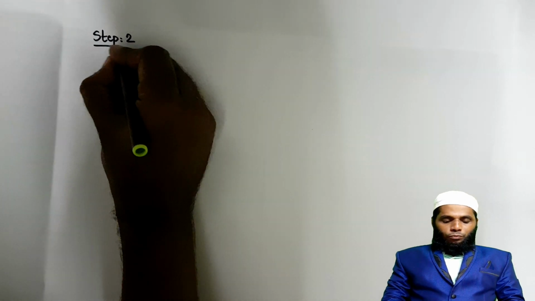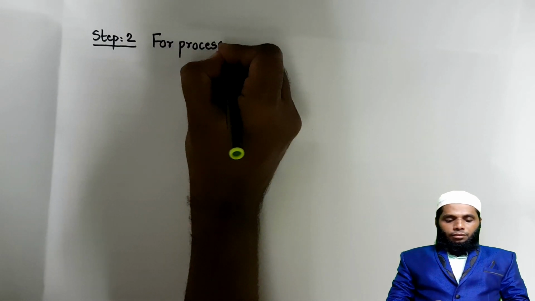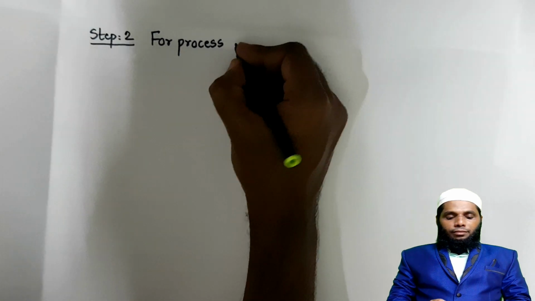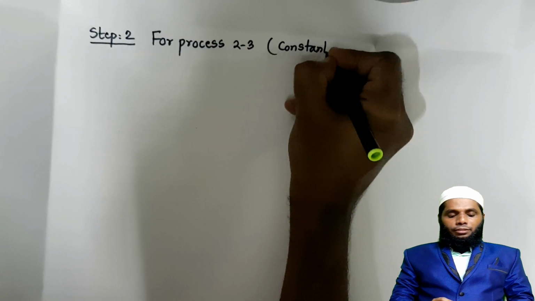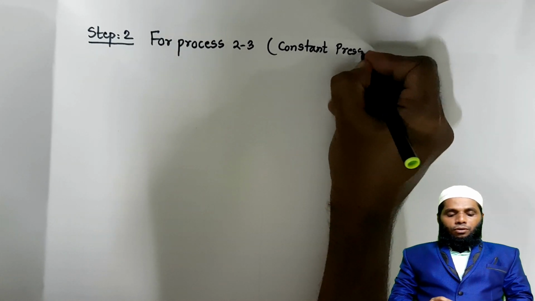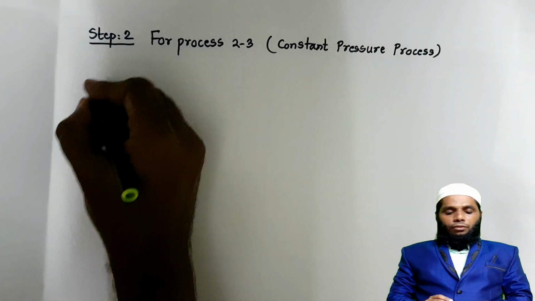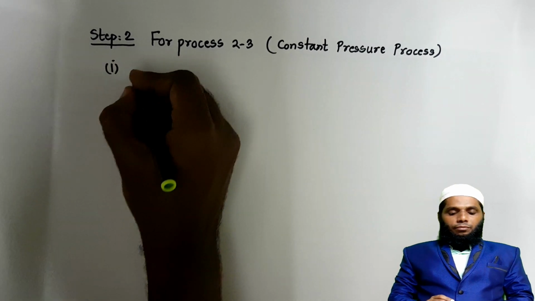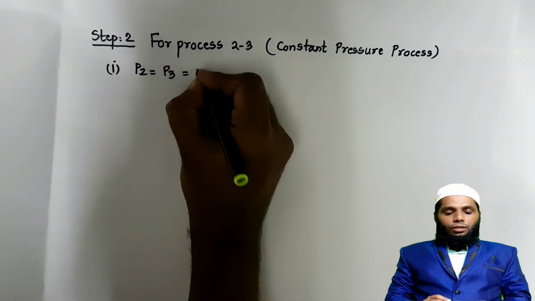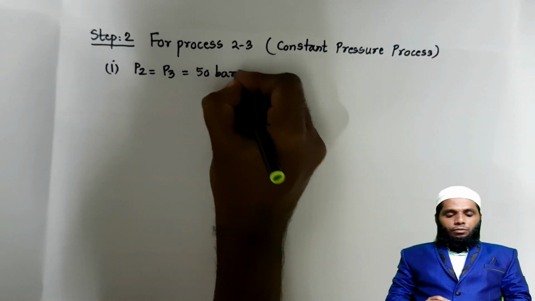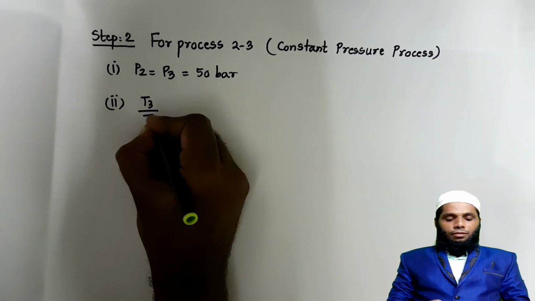Step number 2 for process 2 to 3. So we know that process 2 to 3 is constant pressure process. So for this constant pressure process, first thing we have, that is pressure. P2 is equal to P3. So P2 pressure we have 50 bar, which is equal to P3.